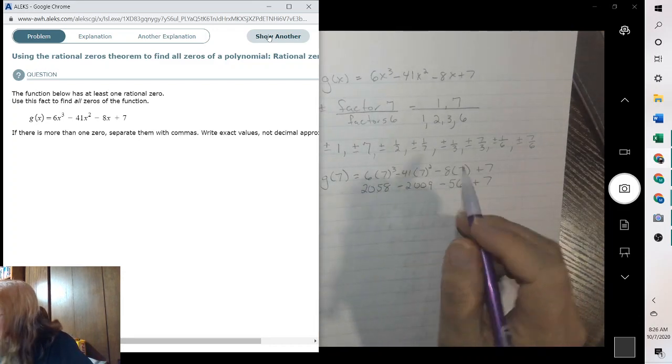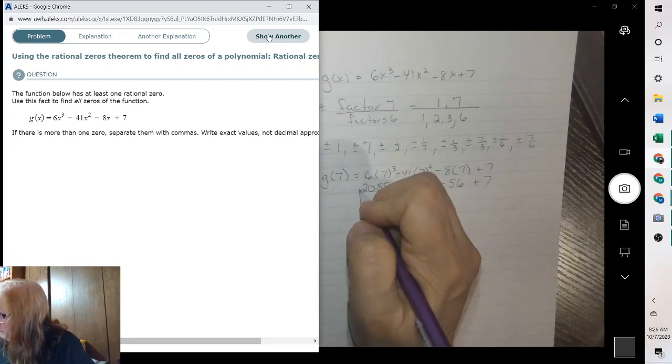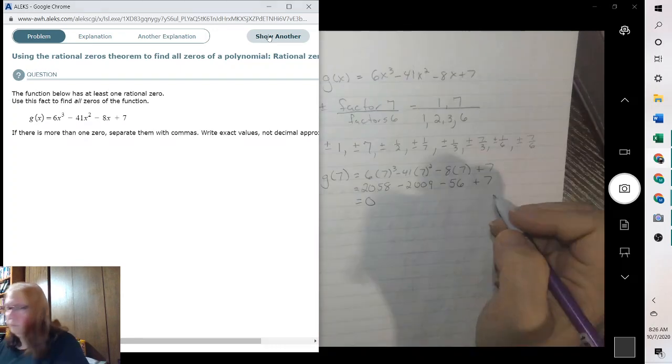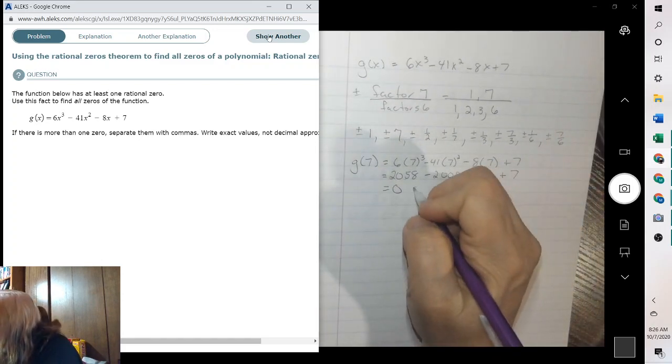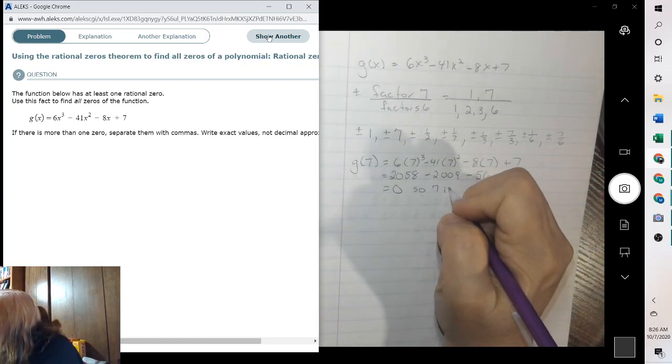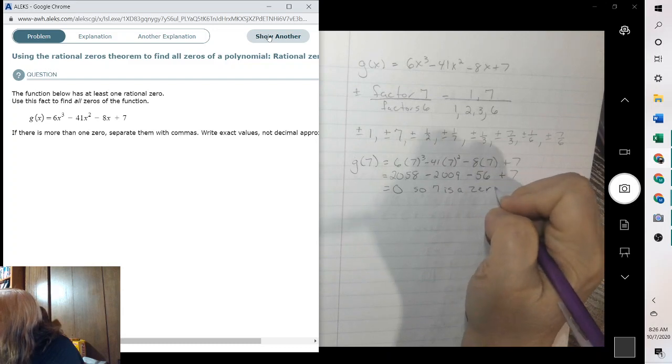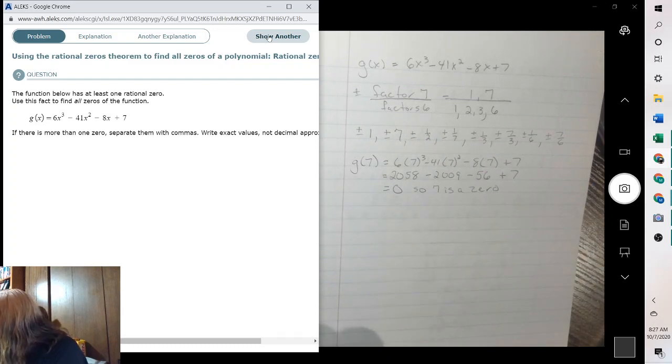That equals 0. So 7 is a 0, which means one of our answers is x equals 7.